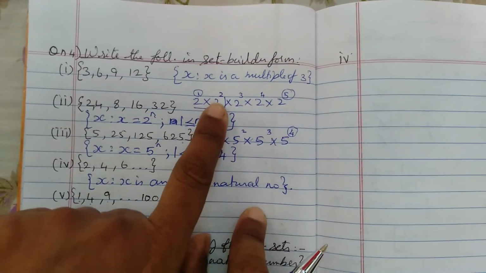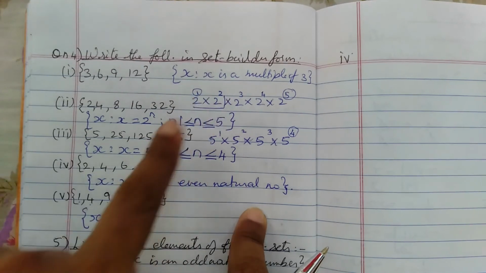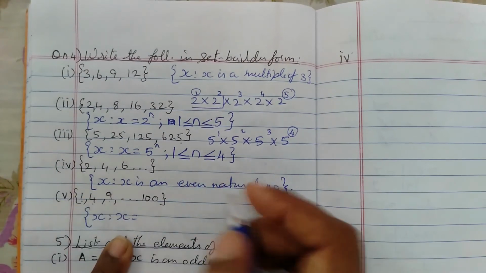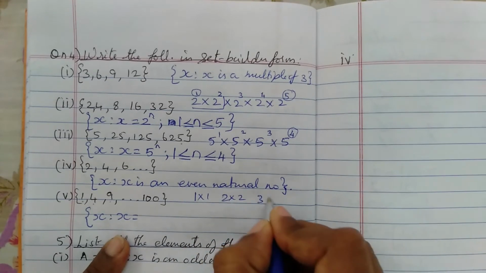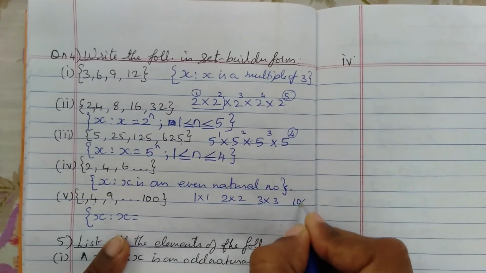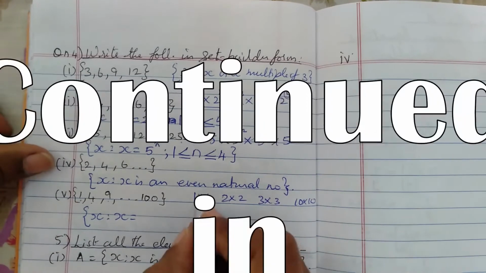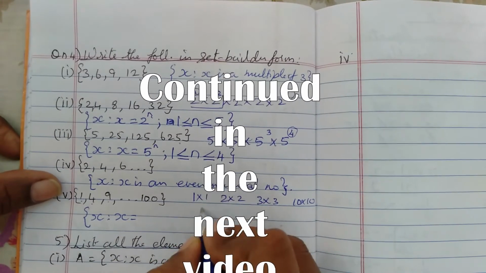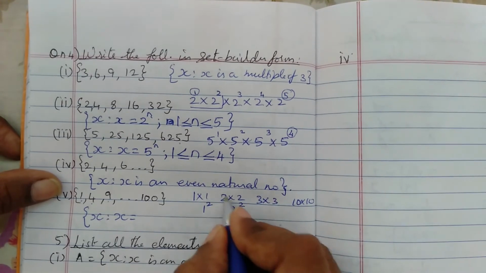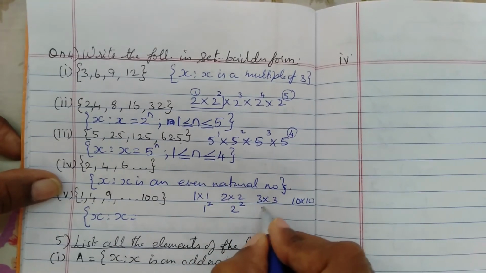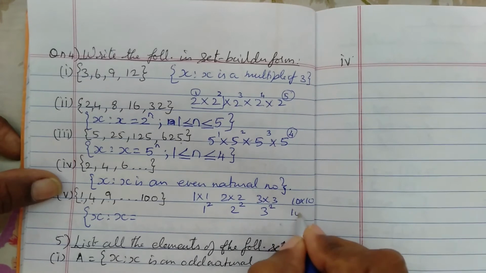When the powers were different, you wrote it as 2 to the power of n. Here it is 1 into 1, 2 into 2, 3 into 3, then 10 into 10. So this is 1 to the power of 2, this is 2 to the power of 2, this is 3 to the power of 2, this is 10 to the power of 2.